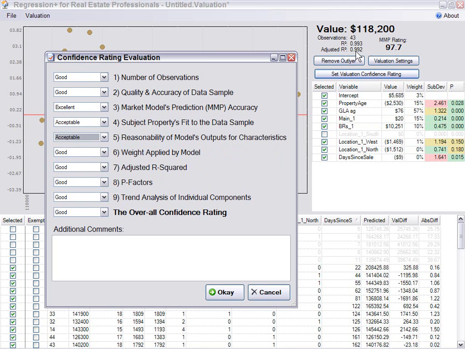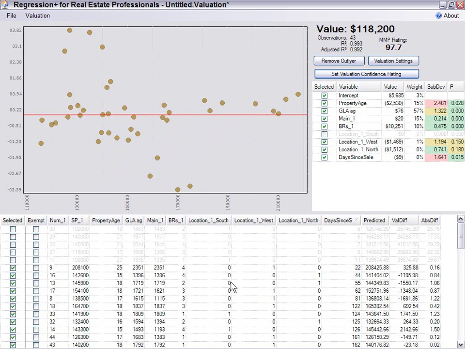Adjusted R squared, that's excellent. P factors are good. The trend analysis, the individual components. We considered the plant closing, so that's good now. And the overall confidence, I would look at all of them and say good. You could put additional comments here and to go into the report.